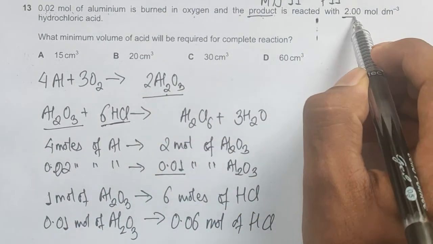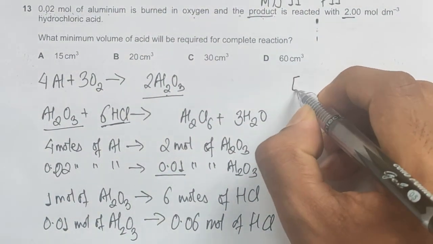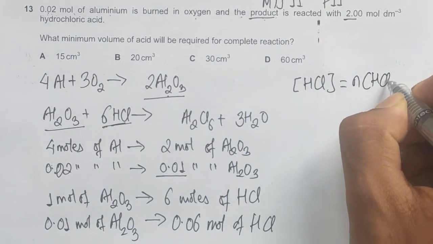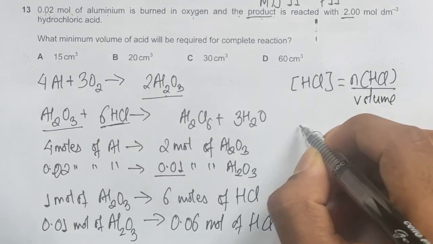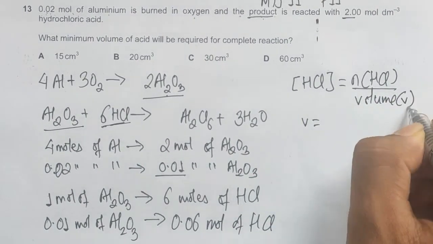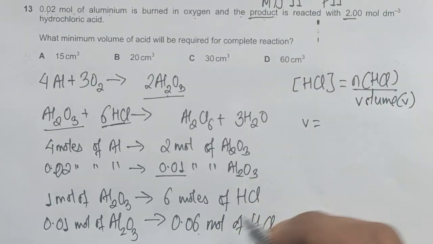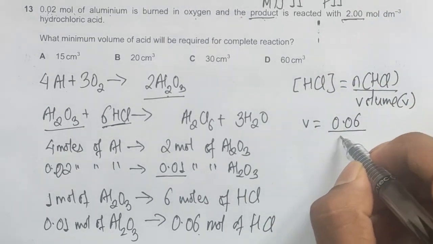We have been given the concentration and now it's easy to find the volume using the formula. Concentration of HCl is moles of HCl divided by its volume. Volume, let's say V for easier purposes. Volume would be moles of HCl, which is 0.06, divided by its concentration, which is 2.00.